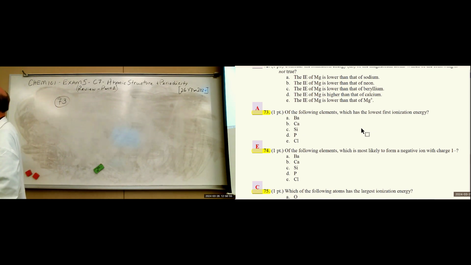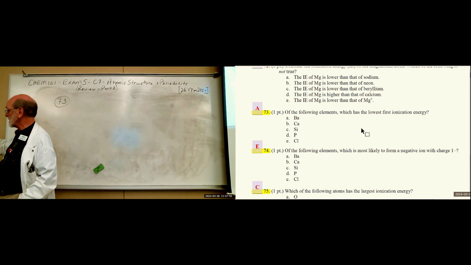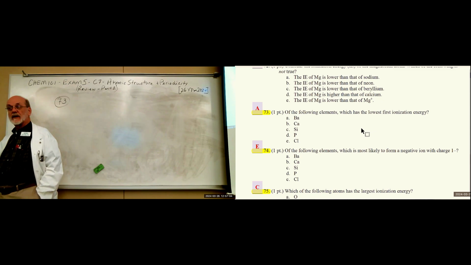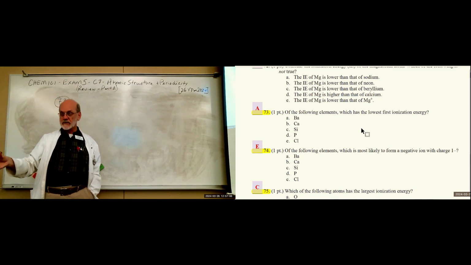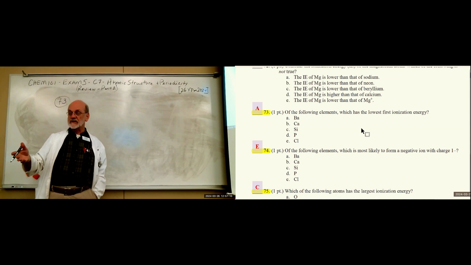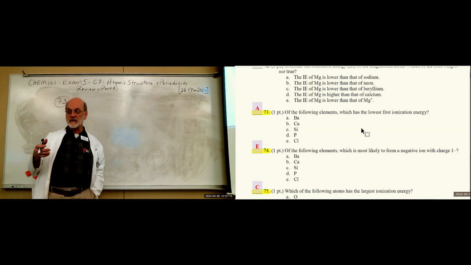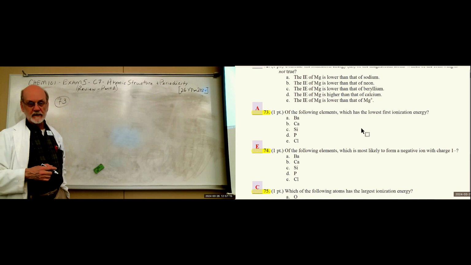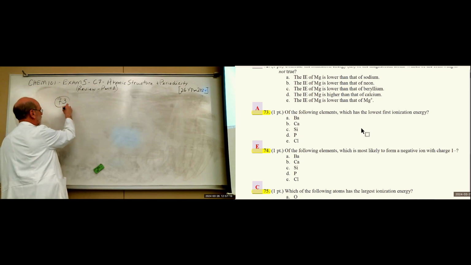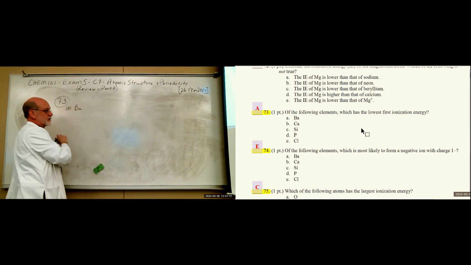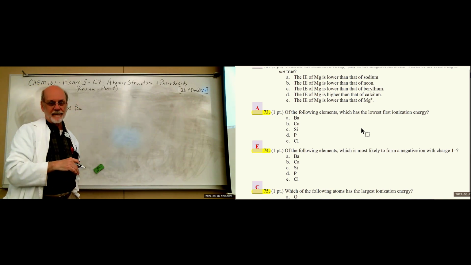Calcium is above barium. All right, so the lower ionization energy is below calcium, that's barium. Barium is in the lower left-hand corner, which is the lowest possible ionization energy. It has the lowest electronegativity too. So barium would be A, right? A would be barium. It would have the lowest first ionization energy.